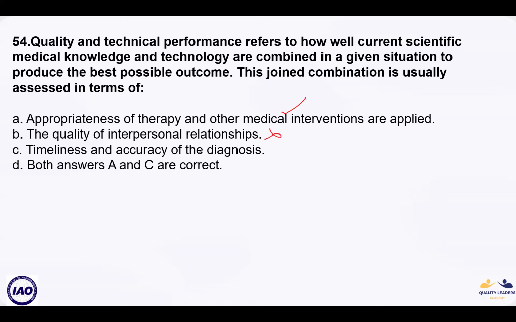Timeliness and accuracy of diagnosis. Yes, accurate and timely diagnosis is important as far as technical quality is concerned. Without a correct timely diagnosis, even the most appropriate therapy becomes irrelevant or sometimes harmful. So timeliness and accuracy of diagnosis is also right. So the correct answer is options A and C. Both A and C are correct.